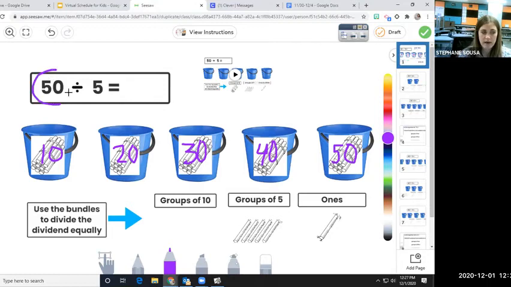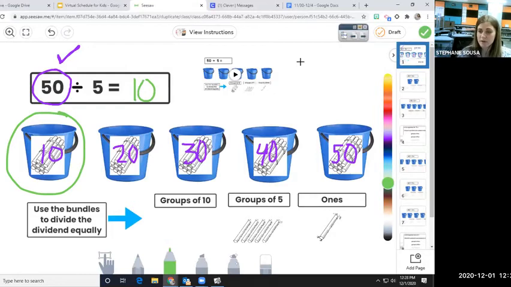So we have our dividend, so we are good to go. How many items are in one bucket? Well, inside of one bucket, we have 10 items. So our quotient is 10. There are 10 items in each bucket. Questions about that?